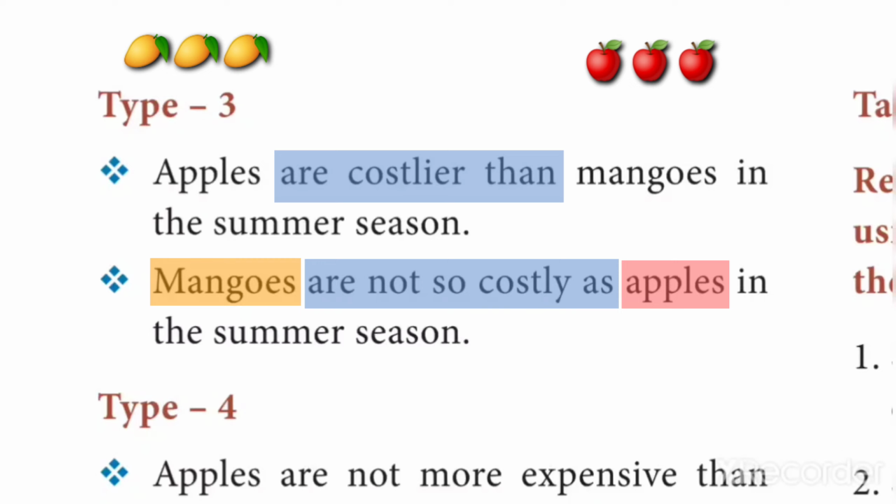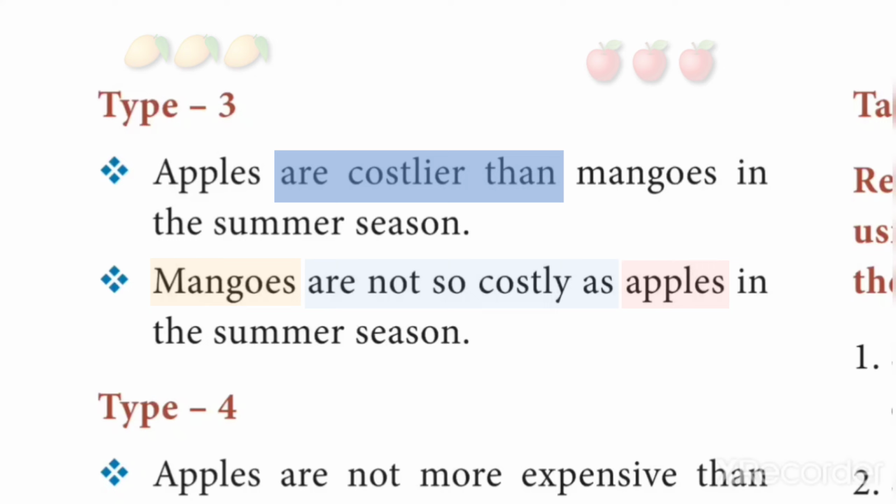See the difference in sentences. In this positive degree, the sentence starts with mangoes. That is followed by, since it is a plural noun, the verb are. It is immediately followed by not. That makes the verb negative, the sentence negative. And so, the positive degree adjective is preceded by so.